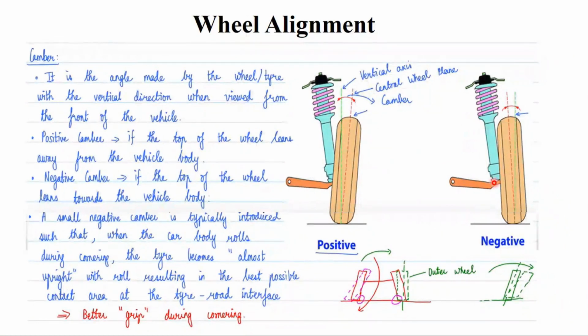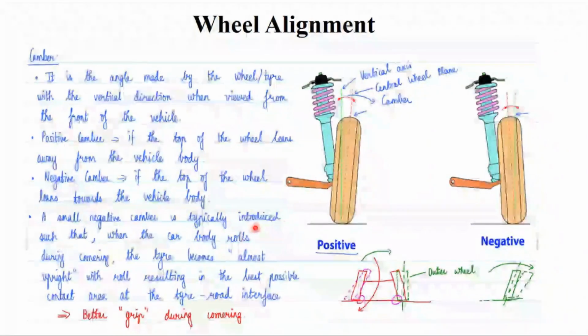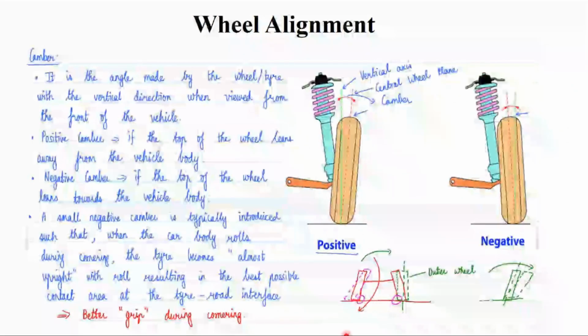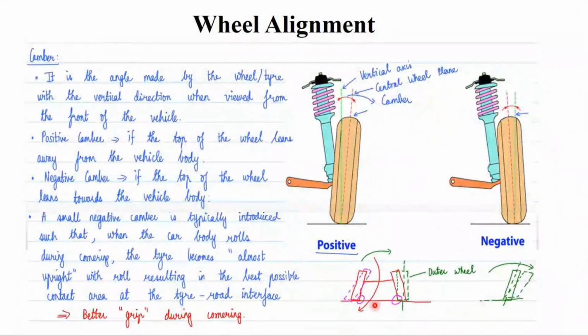Okay, now you see here a small negative camber angle is typically introduced in such a way that during cornering, what happens? The vehicle moves left like this or right like this. What happens when the vehicle is going to turn left? The vehicle body rolling will happen in the opposite direction like this.